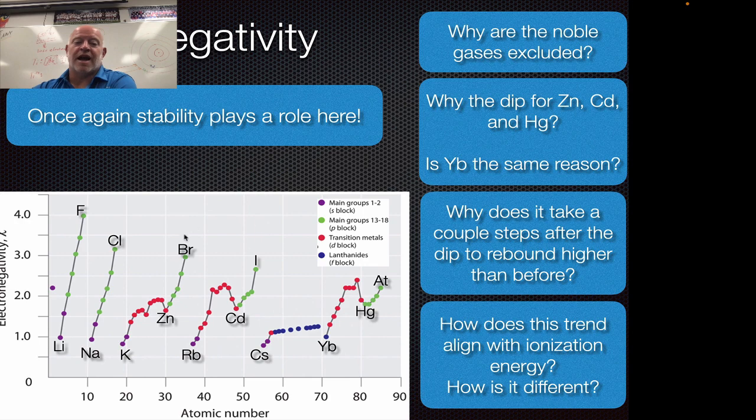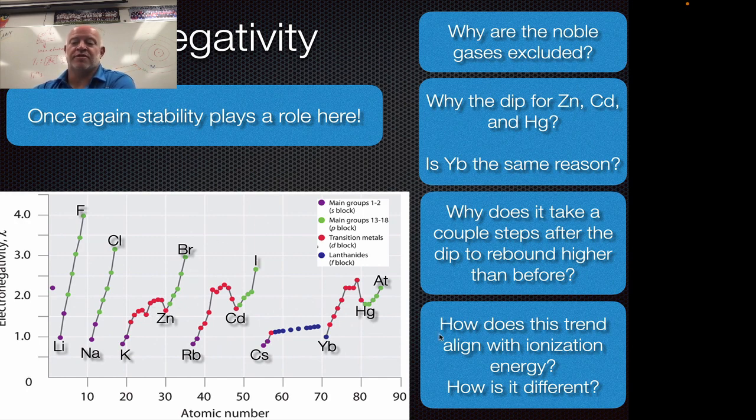So if you remember, for ionization energy, when we got to zinc, cadmium, and mercury, we saw this thing spike upwards, okay, not drop down, because they were stable. So in terms of stability, the more stable you were, the harder it was to take electrons away from you. Well, the exact opposite is true for electronegativity. So the more stable you are, the less likely you are to gain them, okay?